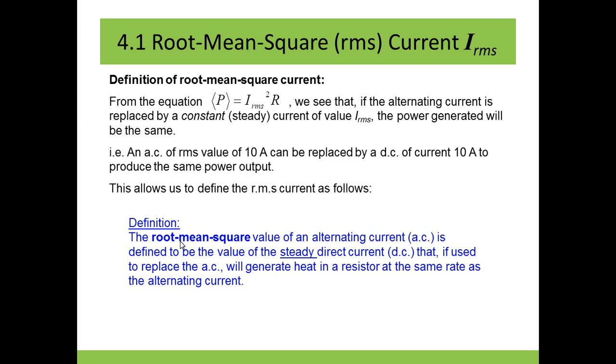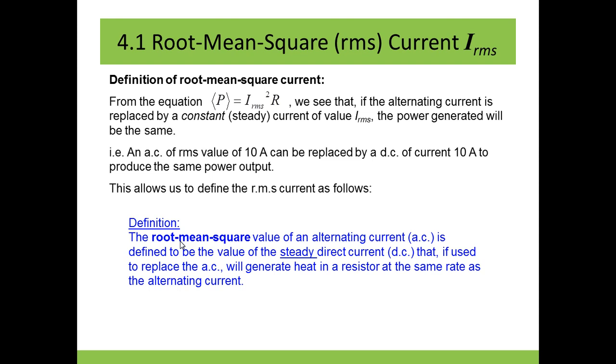Now we need to define what is actually a root mean square current. If you look at the equation P equals I RMS squared R, we see that if the alternating current is to be replaced by a constant current of the value I RMS, the power generated will be the same.